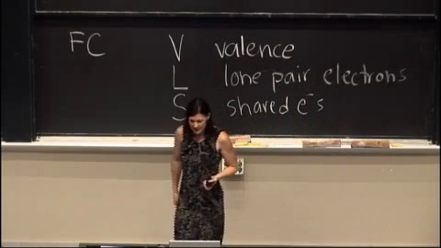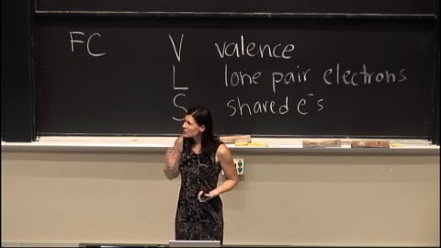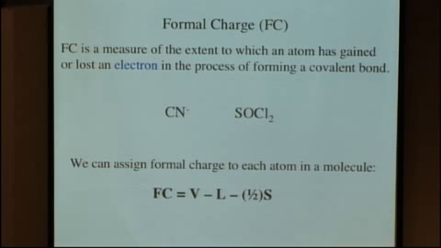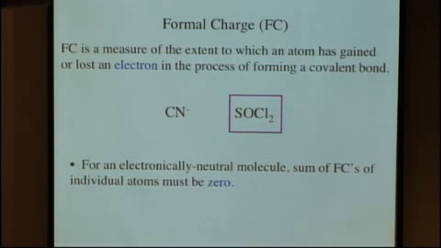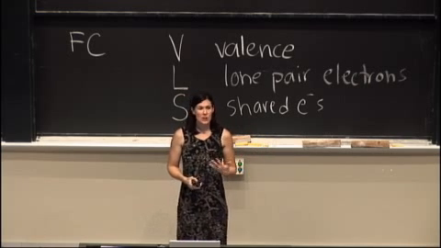All right, so this means we can actually calculate this for any molecule that we've drawn the Lewis structure for, because we actually do need to draw the Lewis structure before we know, for example, how many of each of these we have, or at least go through the rules. And what's important to keep in mind about formal charge is if we have a neutral atom, such as we did in thionyl chloride here, the sum of the individual formal charges on the individual atoms within the molecule have to equal 0.